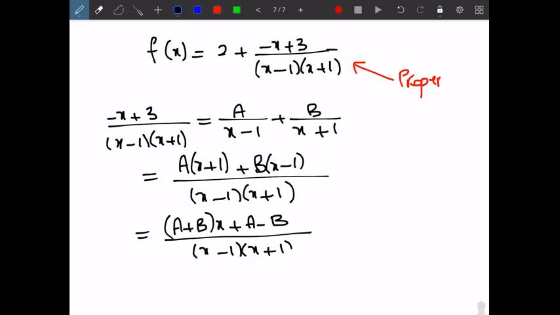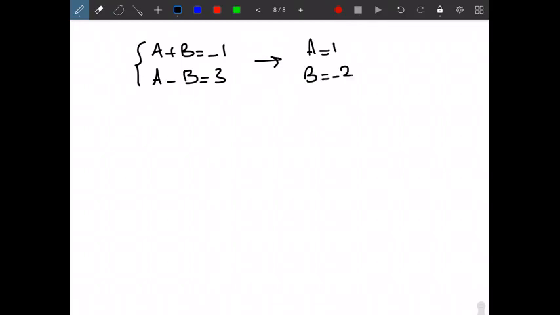Okay, so that leaves me with the following system: a plus b equals negative 1, and a minus b equals 3. So using your calculator, that leaves me with a equals 1 and b equals negative 2.